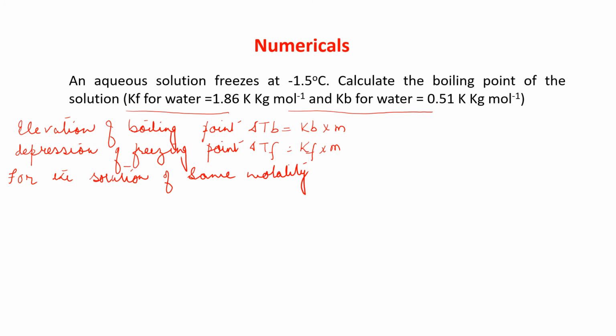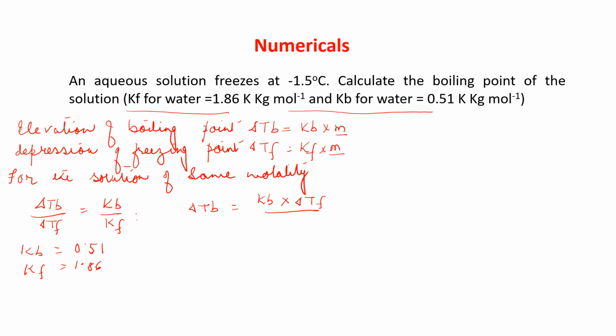That means m and m both are same. So can we write this? Delta TB by delta TF is equal to Kb by Kf. Now Kb is given 0.51 and Kf is given 1.86. From here we can get delta TB is equal to Kb into delta TF by Kf.